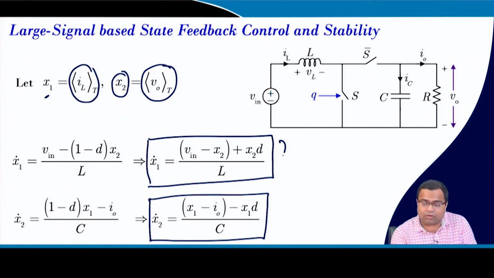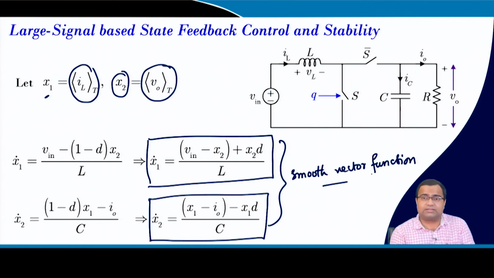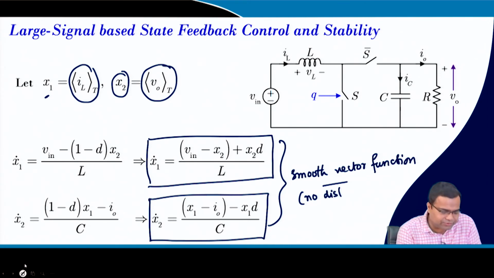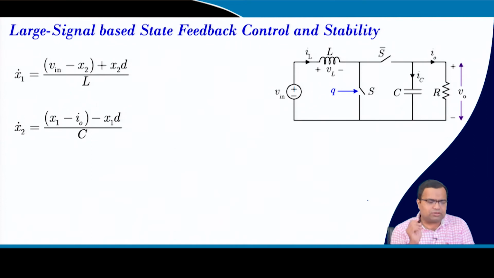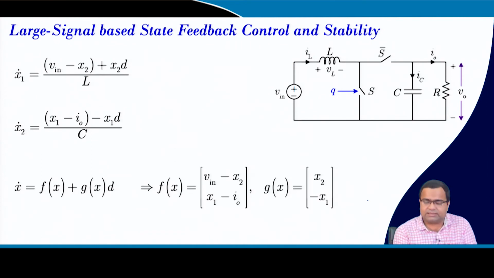Here we are writing these are all smooth vector functions, because there is no discontinuous control input and there is no discontinuity. Now, we can represent this in the format x dot equal to f(x) plus g(x) into d, where we can write f(x) and g(x) in this format by rearranging.